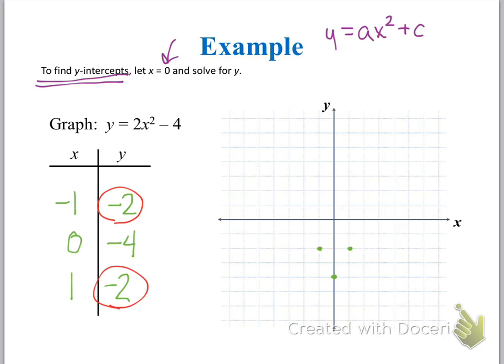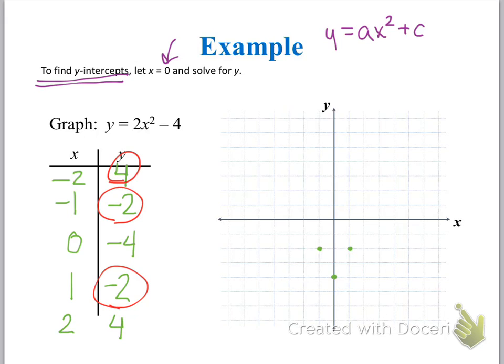I'd like to prove this to you. Let's try negative 2. Negative 2 squared is 4. Times 2 is 8, minus 4 is 4. Try 2. 2 squared is 4, times 2 is 8, minus 4 is 4.